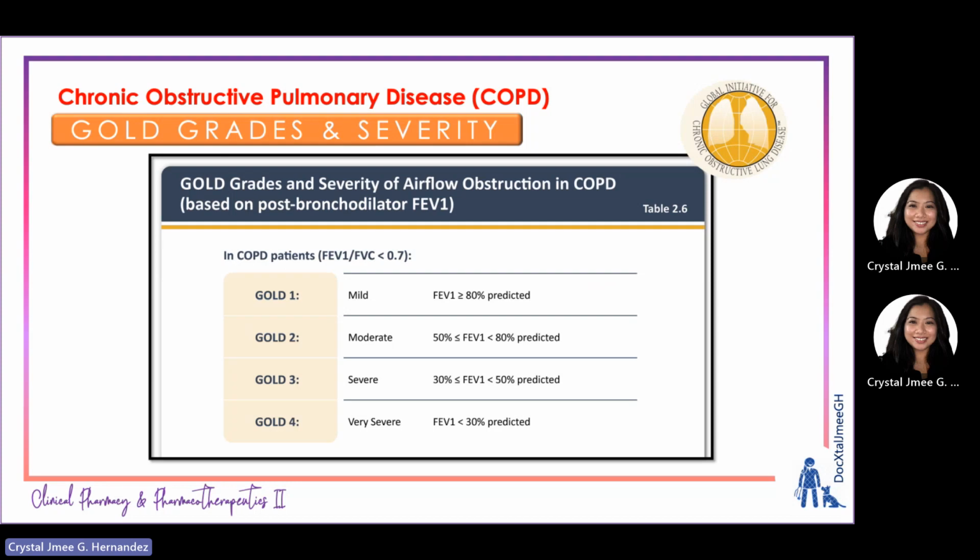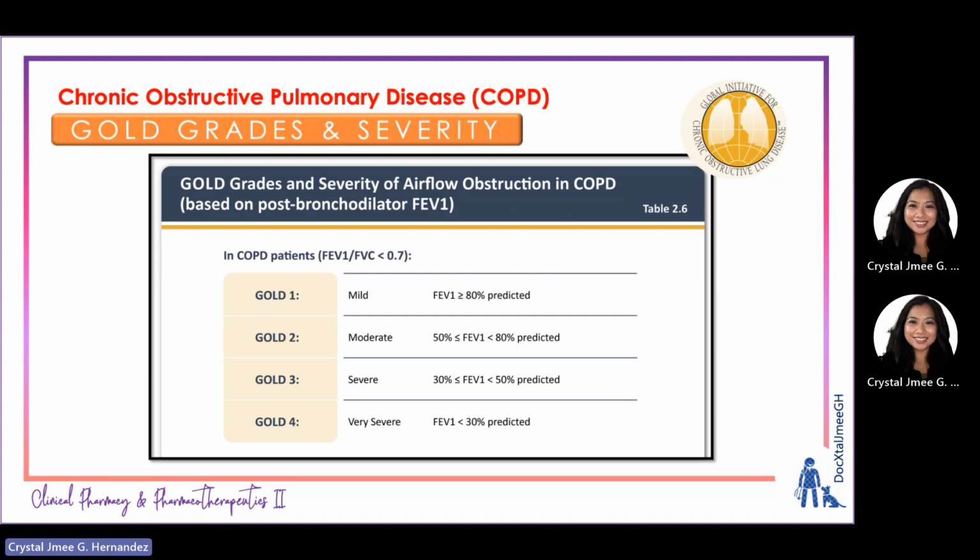So the next part of the discussion would include, of course, what I have mentioned, the grading and severity assessment for COPD. Now, in this case, the GOLD grades and severity of airflow obstruction in COPD is based on post-bronchodilator forced expiratory volume.